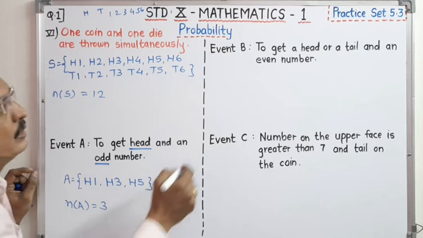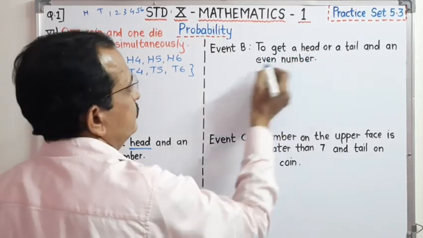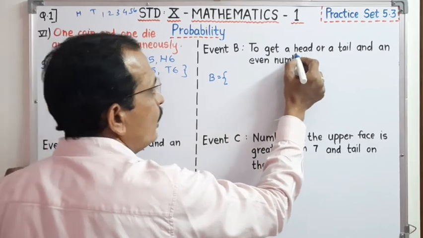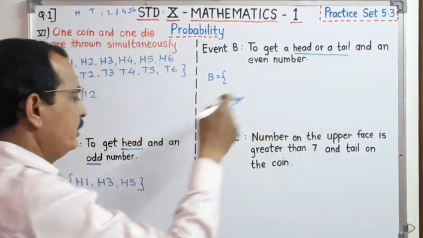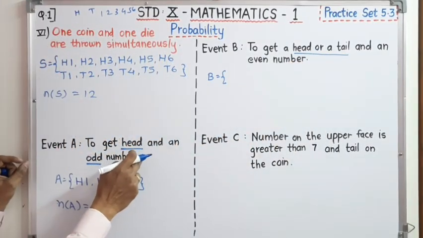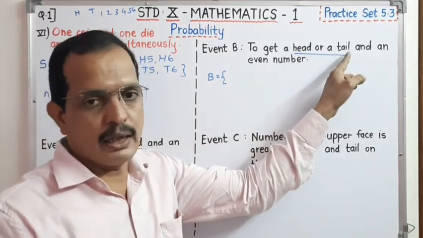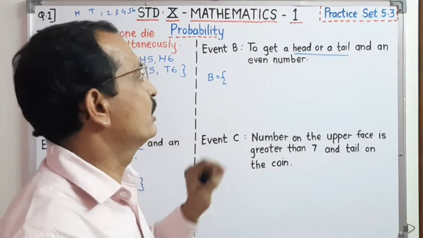See dear student, in event B, the condition is head or tail and an even number.